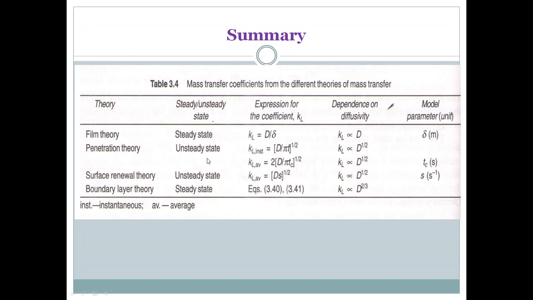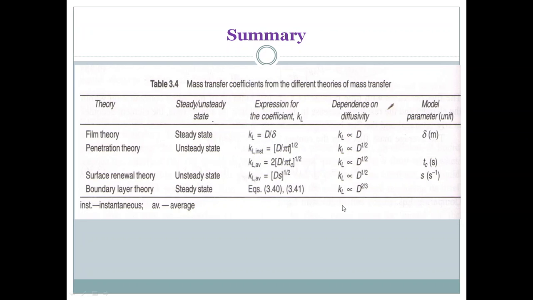Penetration theory, unsteady state, KL instantaneous equal to the square root of DAB by pi t, and KL average equal to 2 times the square root of DAB by pi tc, and this is the contact time tc. Surface renewal theory, KL average equal to the square root of DAB times s, directly proportional to the power of half of DAB. Boundary layer theory, KL proportional to DAB to the power 2/3.